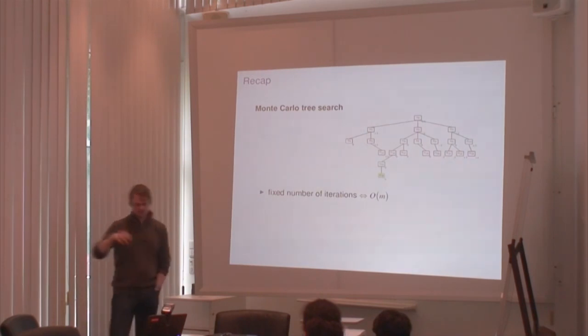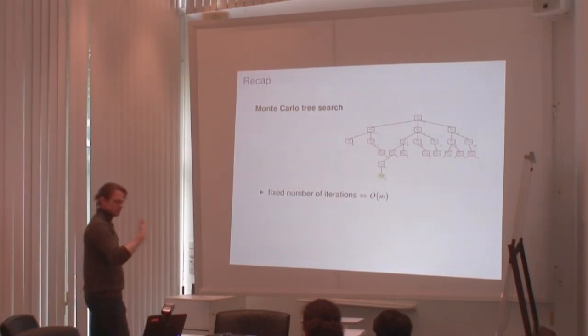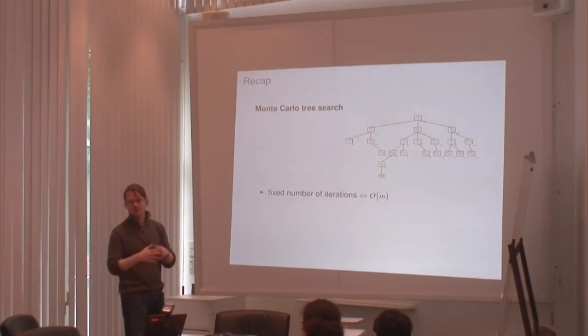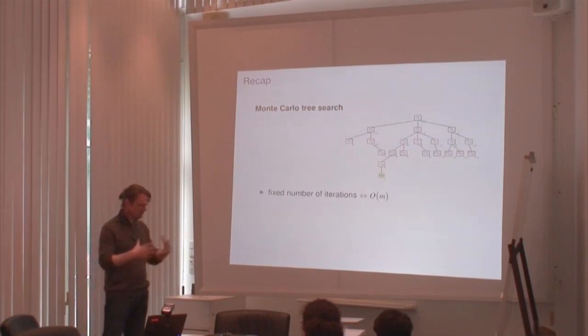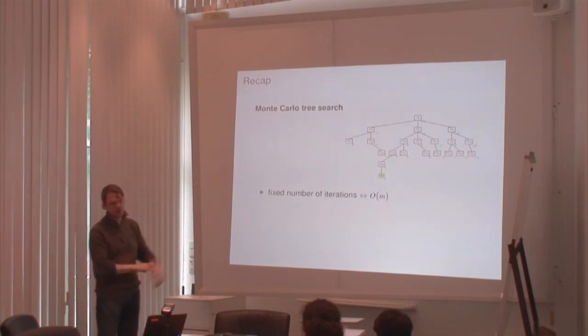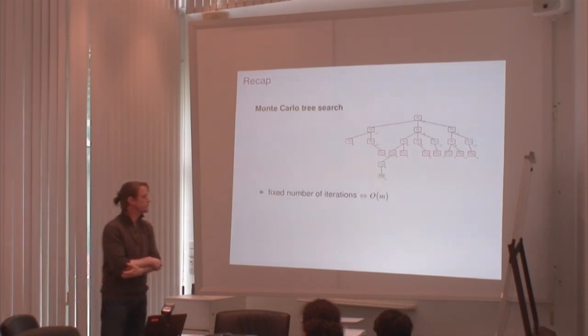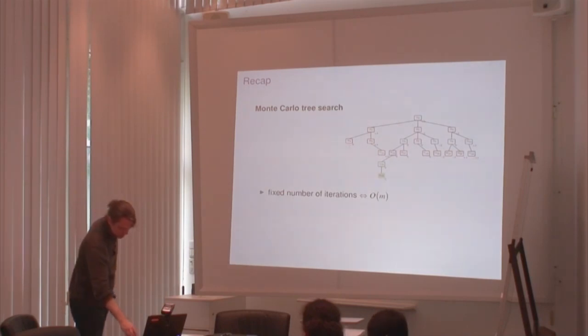If the deepest leaves reside on level m, then it's O of m. But we have to do that a lot of times, in particular if there are many possible successors for every state. In order to get reliable statistics, this has to be repeated a lot of times. And still, it is of a complexity that is less than these uninformed search algorithms we've seen so far.